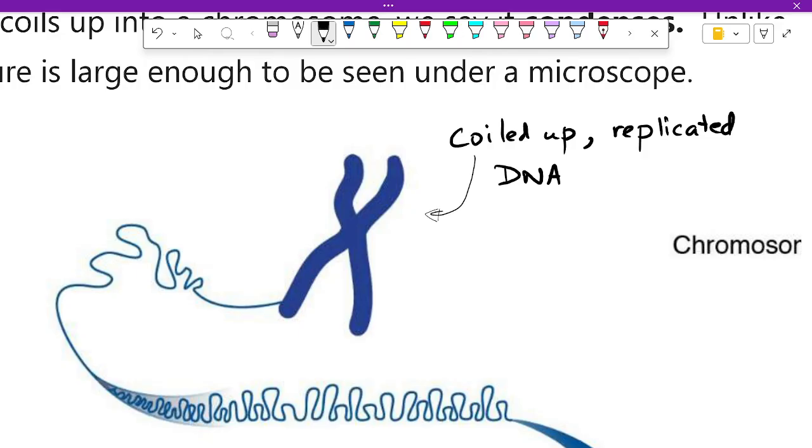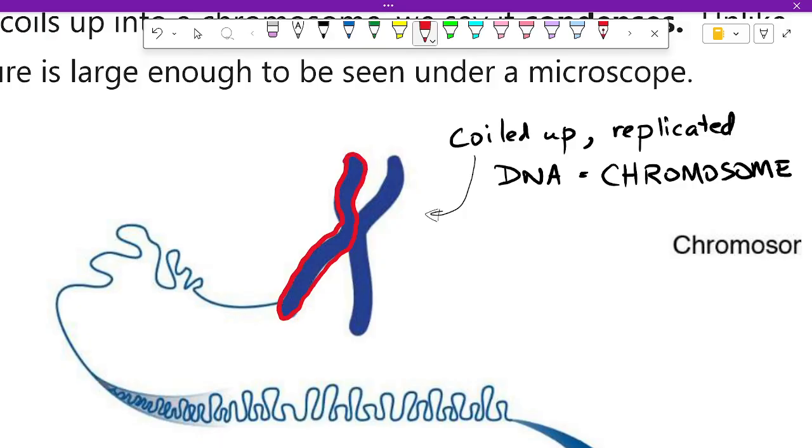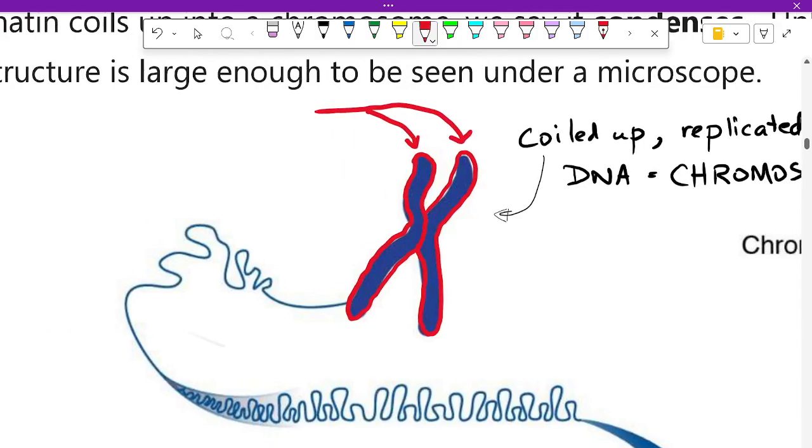The coiled up replicated DNA is called a chromosome. What do we call the two different strands, the two sides of the replicated chromosome? The two sides.